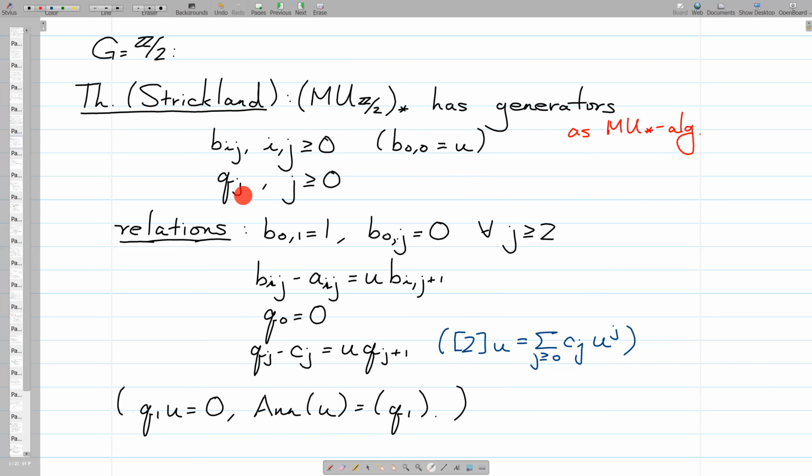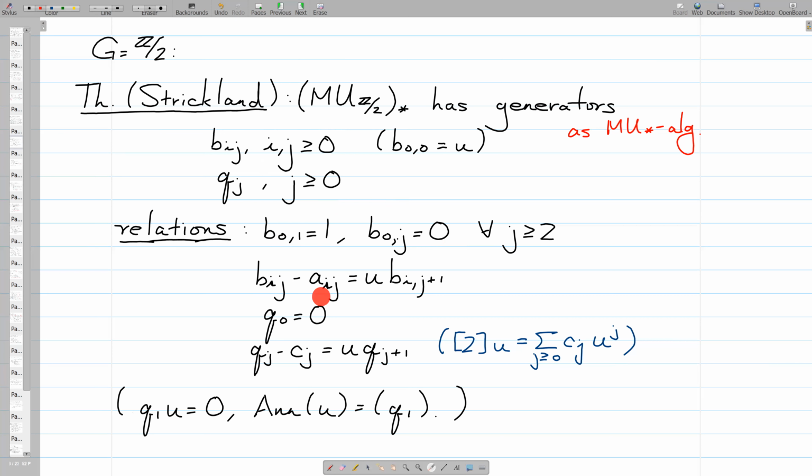And then you have another set of generators q_j where j is greater than or equal to 0. It has this set of relations. In this case, of course, only alpha is 1. There's only one non-trivial element of Z mod 2, so you don't have this superscript alpha here. So b_01 is 1. b_0j is 0 for every bigger j.